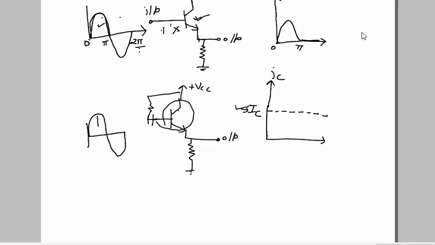The peak value of the input signal is, let's say, IP. From here to here it is plus IP, and from here to here it is minus IP. Suppose this DC value is greater than IP.